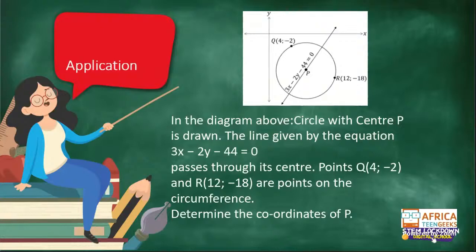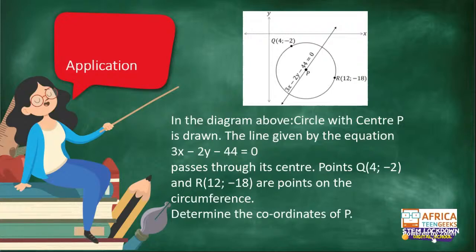You have to say that the distance PQ is equal to the distance PR. So basically you will say PQ squared will be equal to PR squared. And then from there, by doing the calculation, you should come up with the coordinates of P.